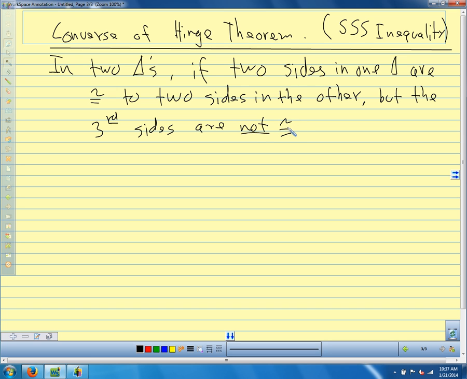So we know two sides, and the third sides we know are not congruent. Then we're going to say the opposite of what we did for the Hinge theorem. The larger angle is across from the larger side.